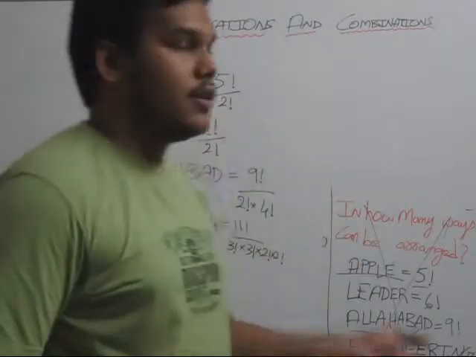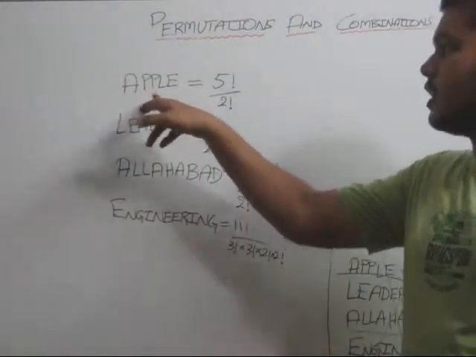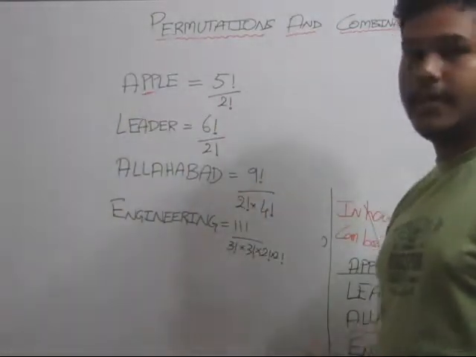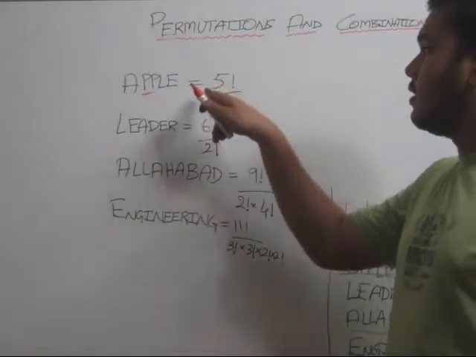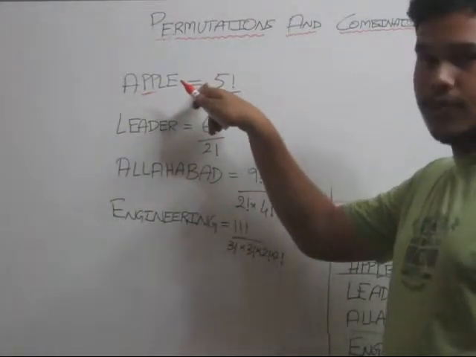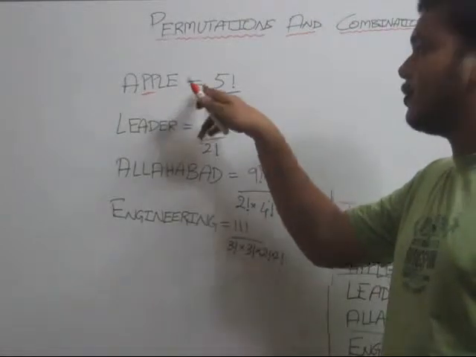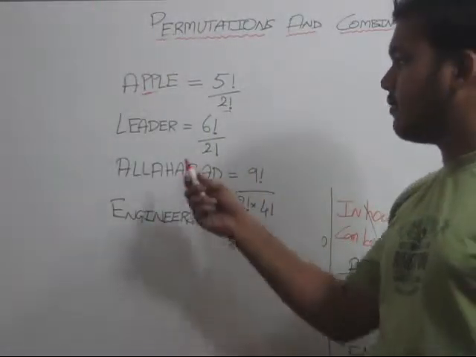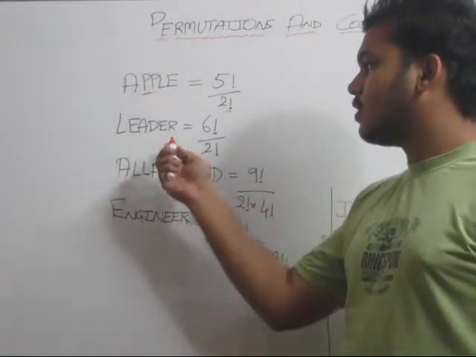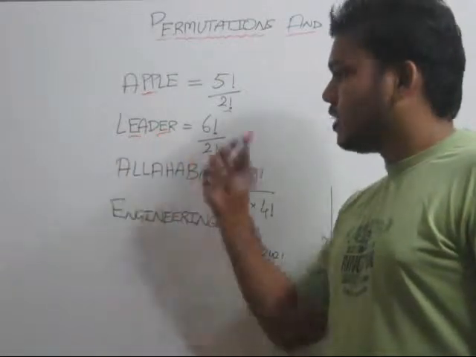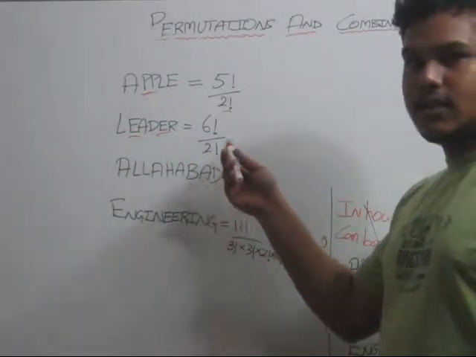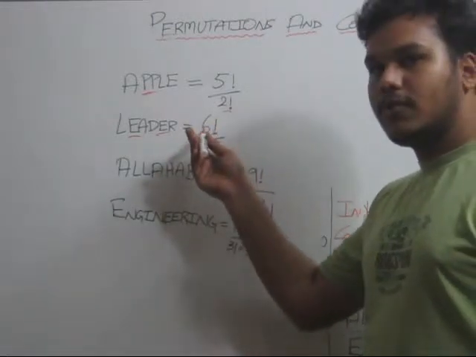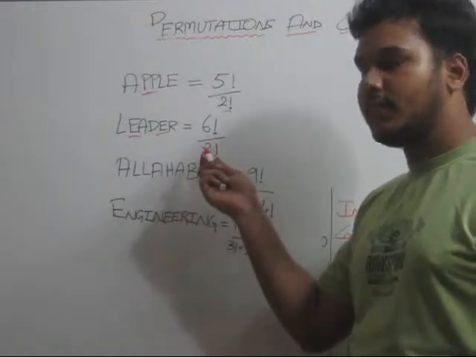From the word apple we can observe we have a double P, so we write the answer as the total number of letters, 5 factorial, divided by the repeated letter, 2 factorial. In a similar way, in the word leader we have 2 E's, so the answer is 6 factorial divided by 2 factorial, the total number of letters divided by the repeated letters.